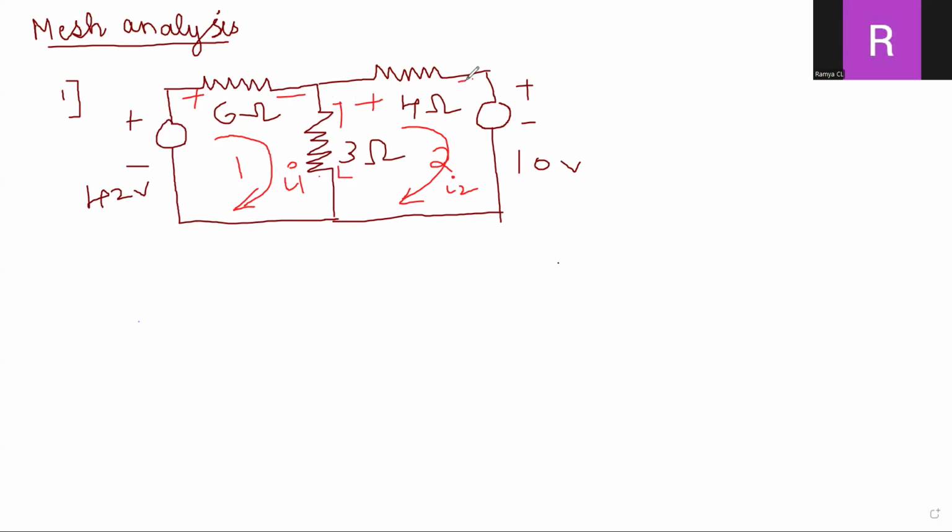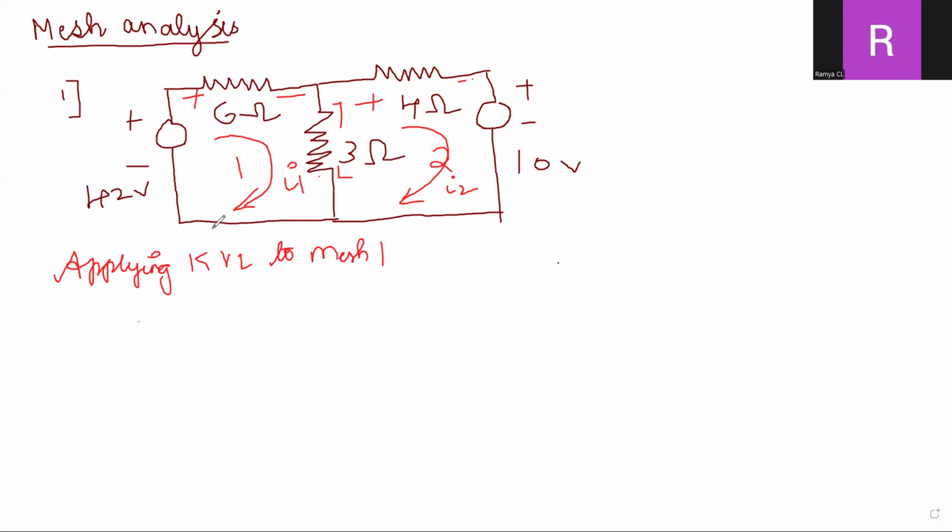Now we will be applying KVL to mesh 1. What will we get if we apply KVL to mesh 1, children? We need to start from here with the first current I1.